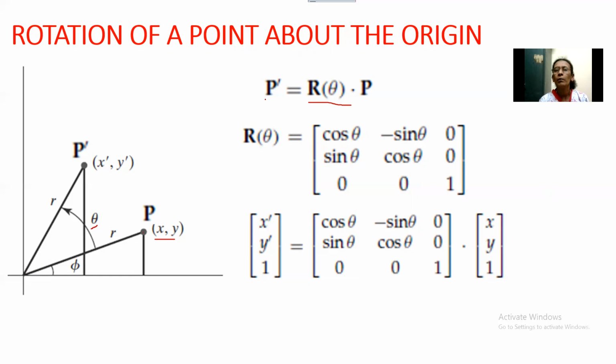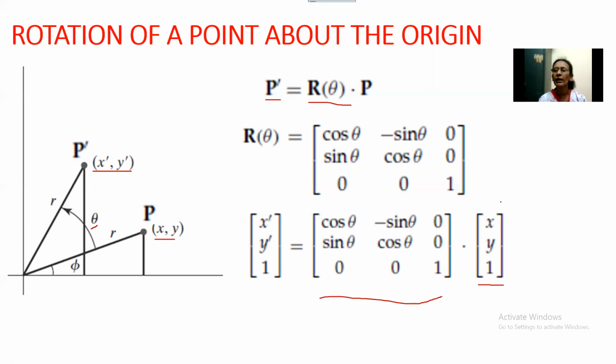Now my point P dash, (x dash, y dash), can be written as the column vector x dash, y dash, 1. This would be given by the rotation matrix multiplied by the point P. Again, P is (x, y), and in vector form I get it as x, y, 1.